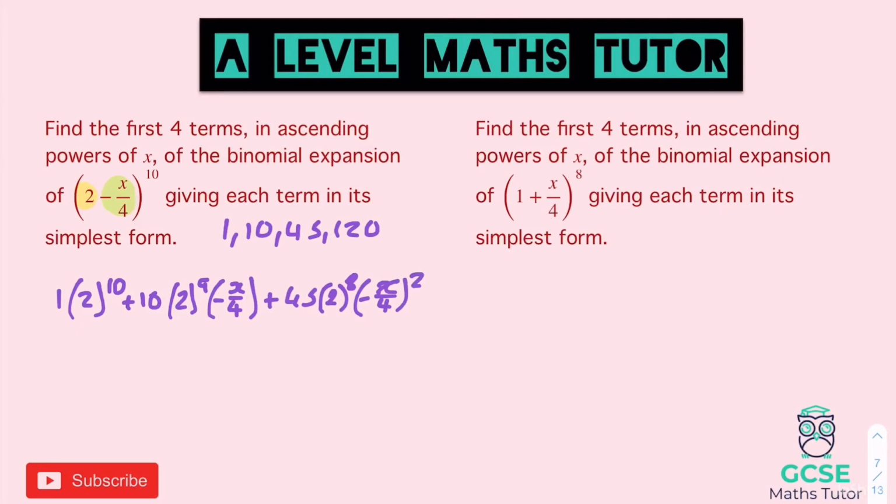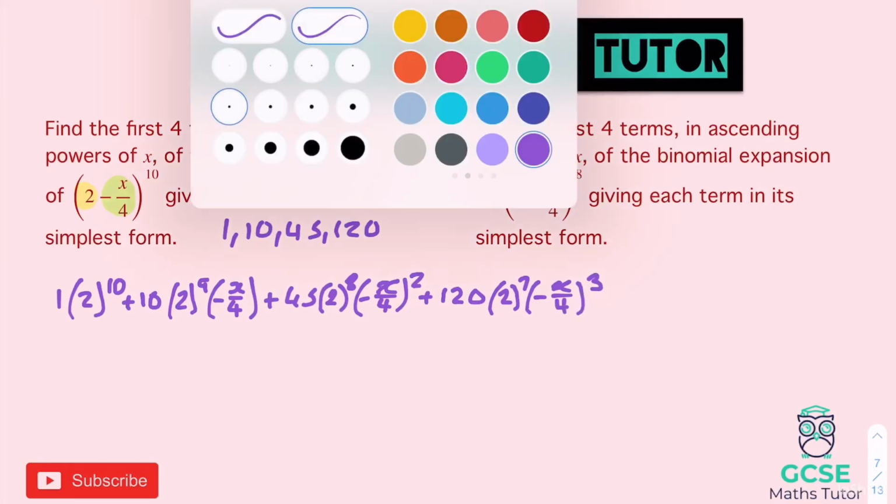And for our last piece, we're going to have 120 lots of 2 to the power of 7, and then our negative x over 4, up to the power of 3. Right, there we go, so that's our first 4.